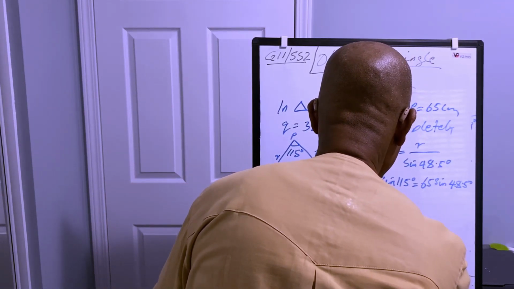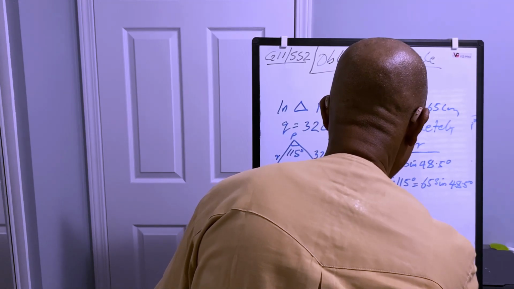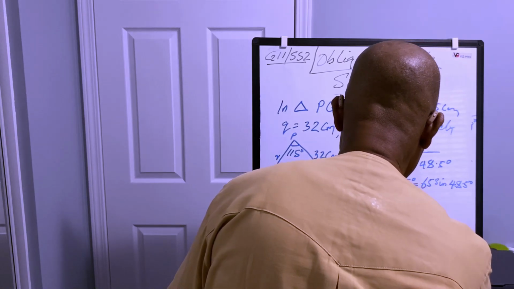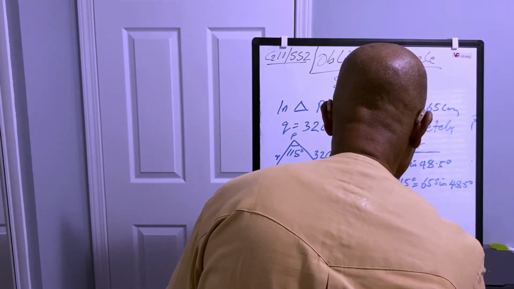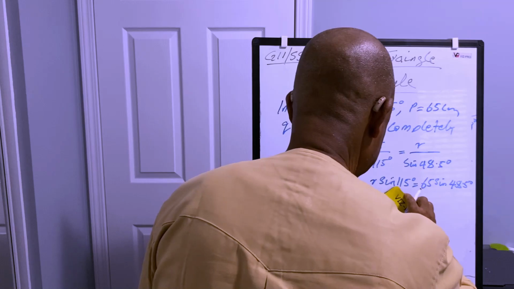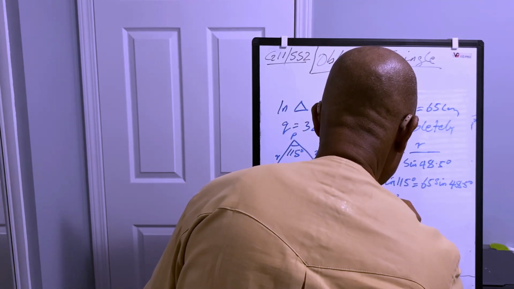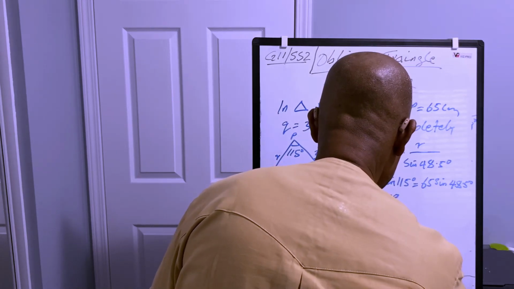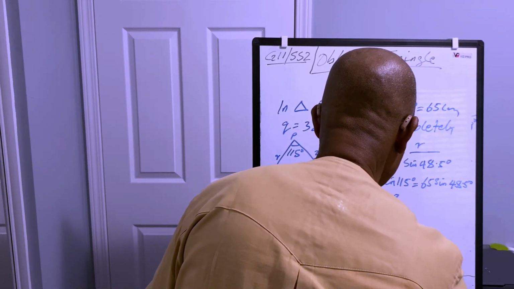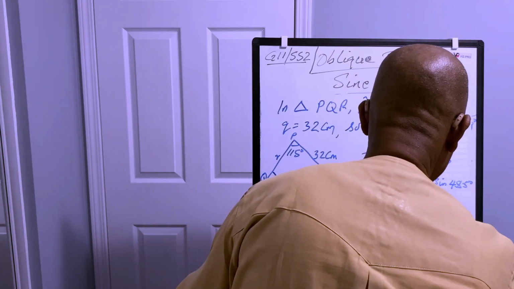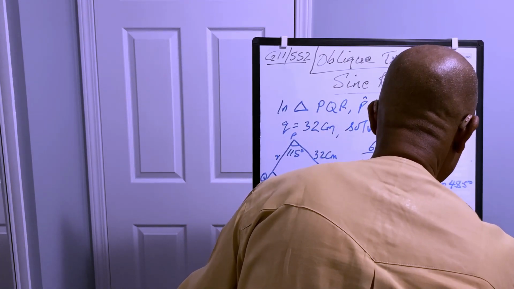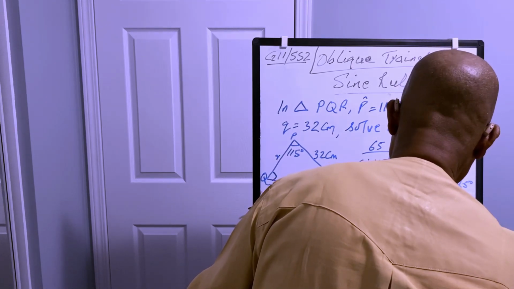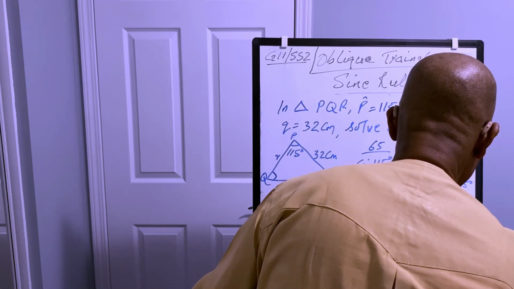R sine 115 degrees divided by, remember I told you this is sine 65. Let me straight away write it here. 65 degrees divided by the same sine 65 degrees is equal to 65 sine 48.5 divided by sine 65.